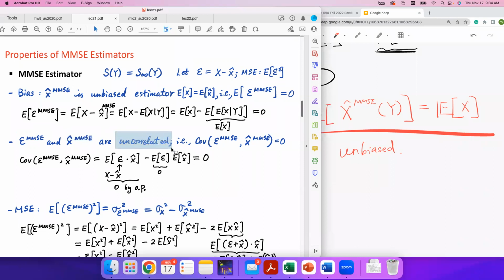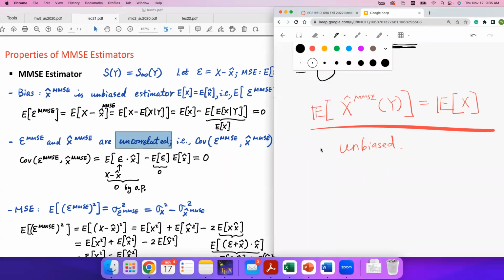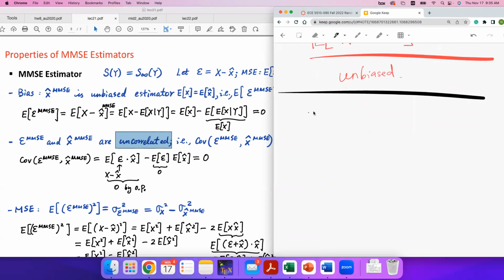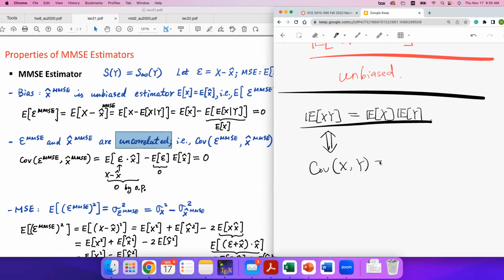Uncorrelated, if you recall the definition, means that the correlation between two random variables equals the product of the means. This is called uncorrelated. It is equivalent to say that the covariance is equal to 0. The covariance is basically the left-hand side minus the right-hand side.